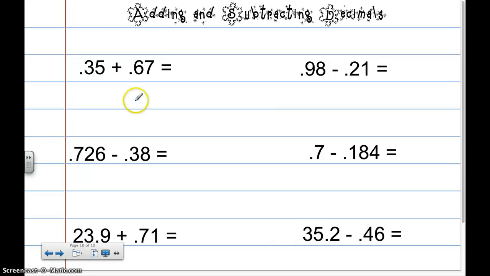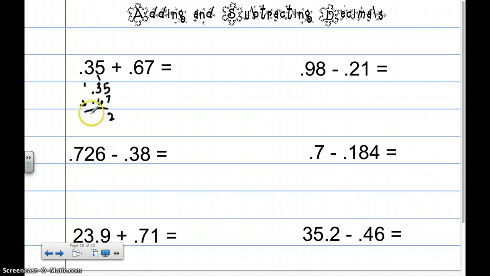When I add and subtract decimals, I went over all of those so that you can remember the place value, because you want to add your decimals by lining up the decimal point and the place value. So if I have 35 hundredths and 67 hundredths, and I'm going to add, then I just simply add like this. 7 plus 5, and then 3 plus 6 plus 1, so that's 9, and that's going to be 10.